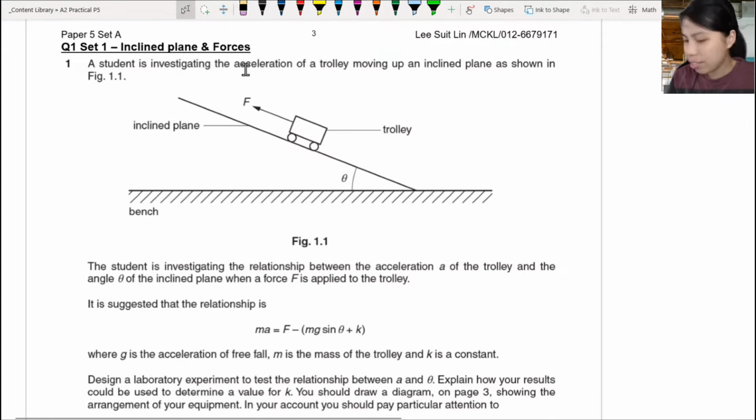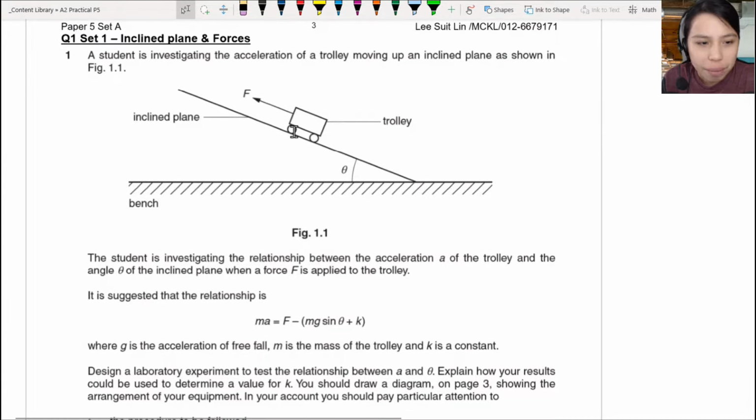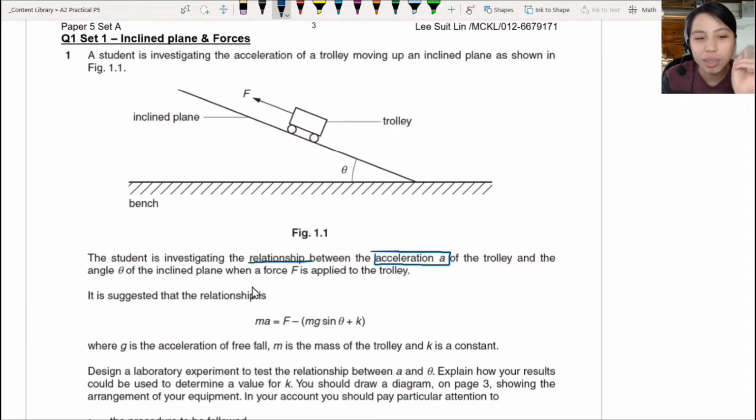A student is investigating the acceleration of a trolley moving up an inclined plane. You see this trolley is going to go up. At what acceleration? That's what we're investigating. Then they'll usually give more instructions. They'll say the student is investigating a relationship. We are testing a relationship between 2 variables: number 1, the acceleration of the trolley, a; number 2, the angle of the inclined plane, theta, when a force is applied to the trolley.